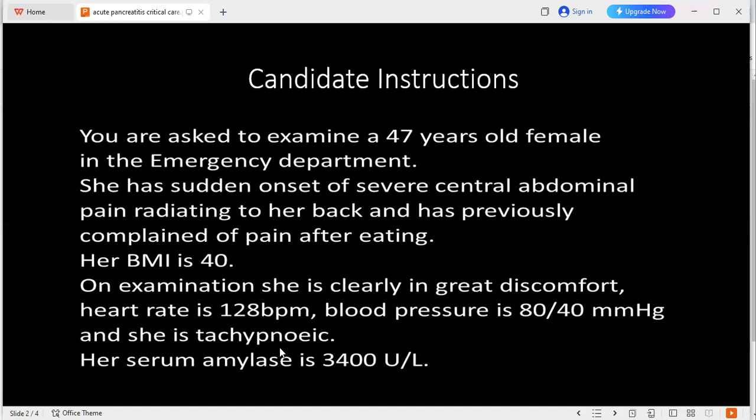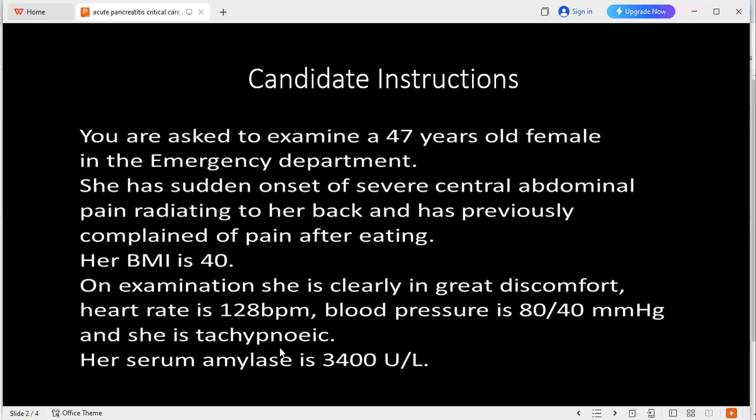If you fail to manage this patient on time, what complications do you expect? Peritonitis, pseudopancreatic cyst. The patient could go into shock, even septic or hypovolemic, and end with multi-organ failure.